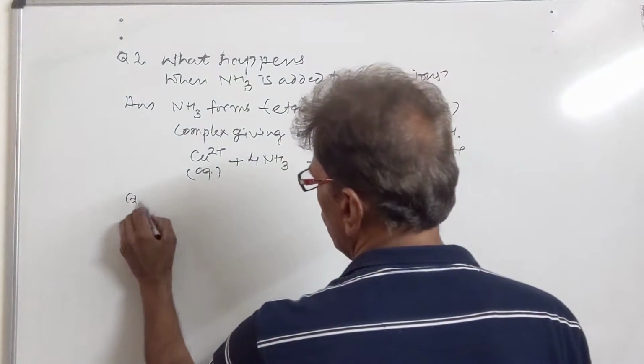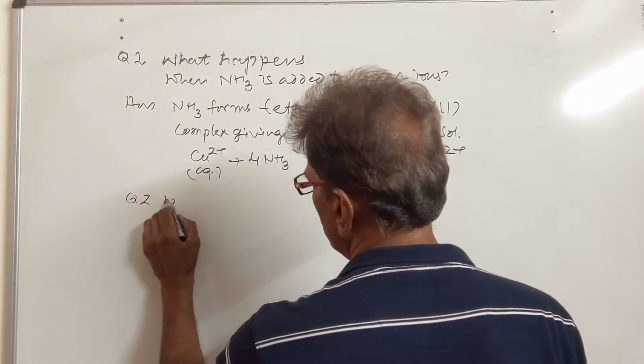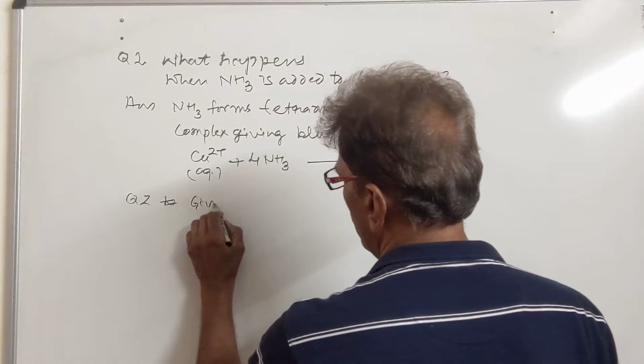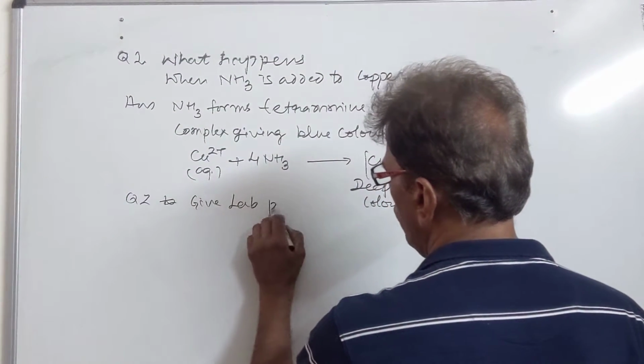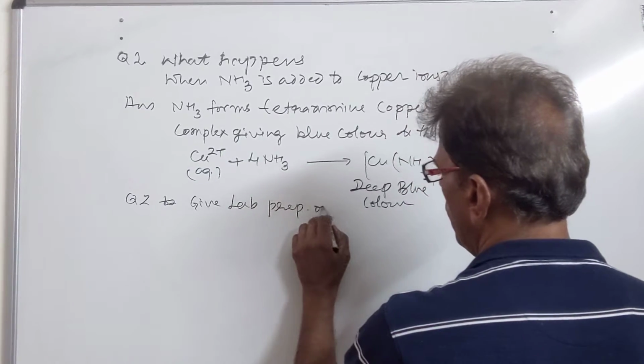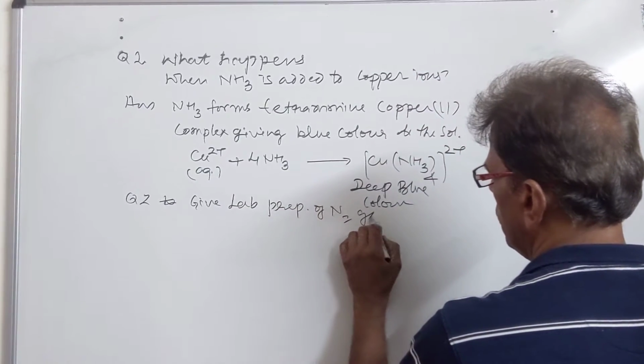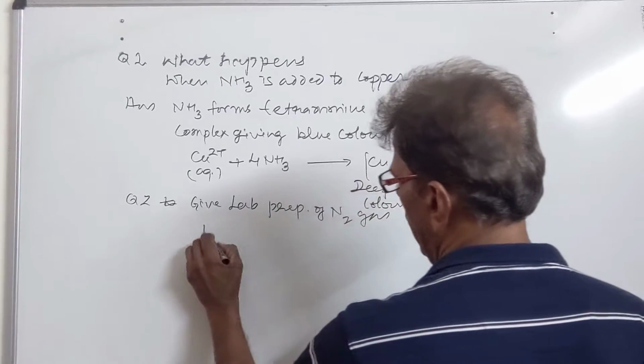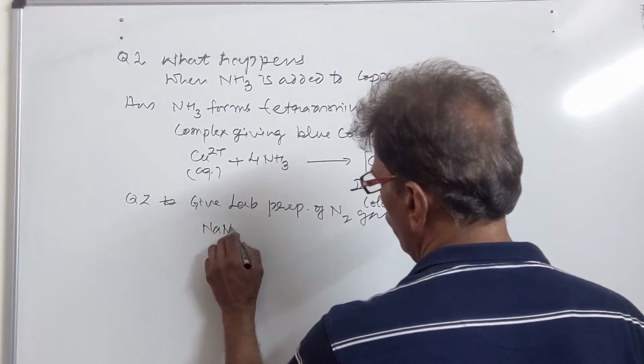Then we have question number 2. Give laboratory preparation of N2 gas. So N2 can be prepared by adding sodium nitrite to ammonium chloride.